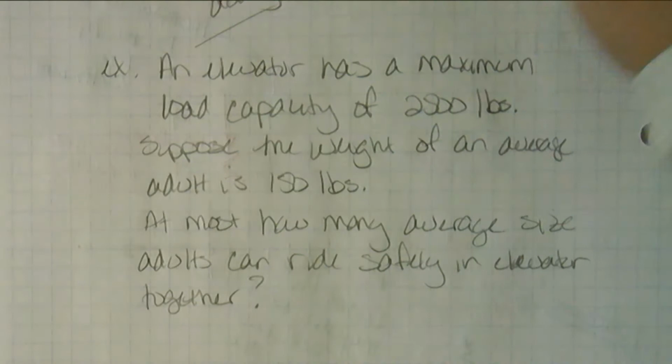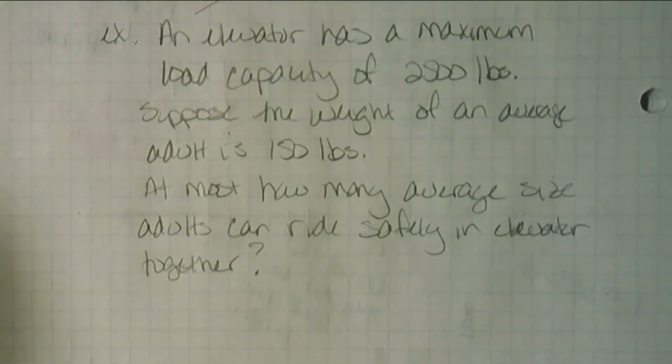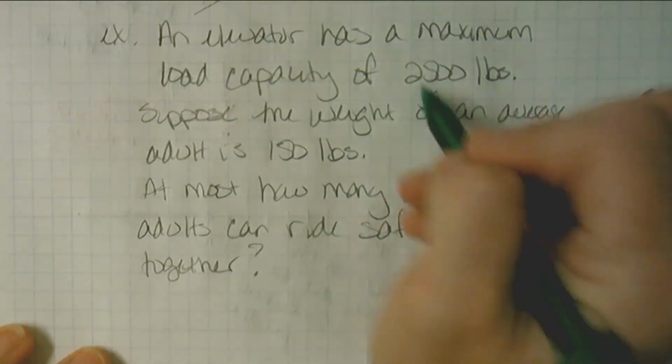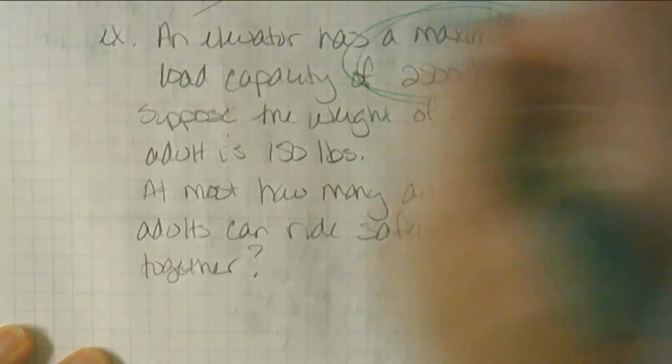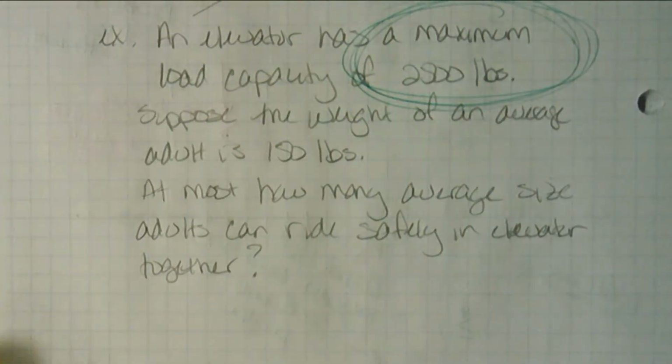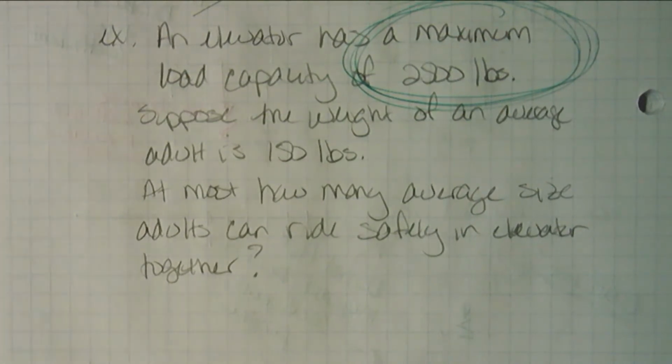Okay, how do I know, first of all, what do you see here? Tell me things that you notice when you're reading this. Kira? Absolutely, we have a maximum weight. Excellent. What else do we see here that jumps out at us that we need to notice?